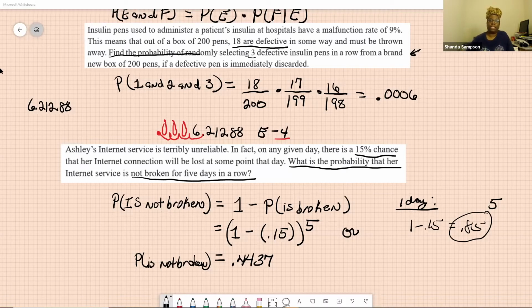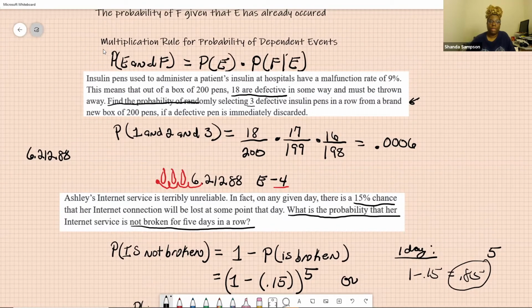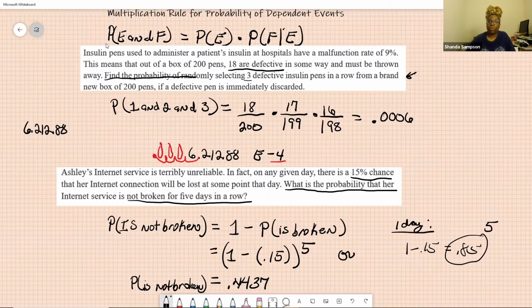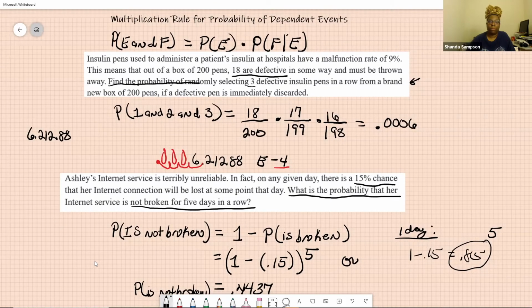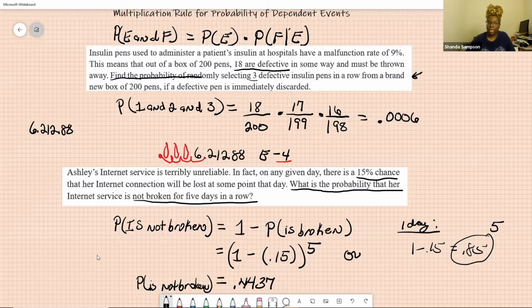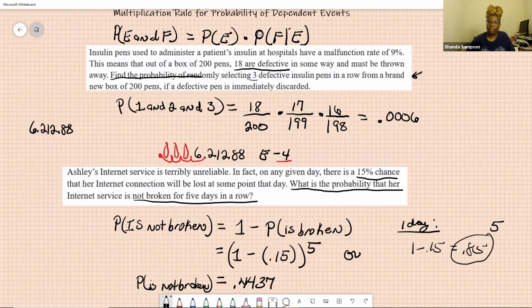So let's extend on this prior topic of dependent probability. So remember, we said the dependent probability, and I'm going to rewrite that. The probability of E and F is the probability of E times the probability of F given that E has already occurred. That's what we did in the insulin pen example. We had the probability of the first one.